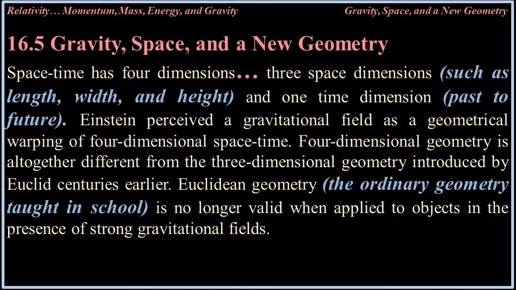16.5. Gravity, space, and a new geometry. Space-time has 4 dimensions: 3 space dimensions, such as length, width, and height, and 1 time dimension, past to future. Einstein perceived a gravitational field as a geometric warping of 4-dimensional space-time. 4-dimensional geometry is altogether different from the 3-dimensional geometry introduced by Euclid centuries earlier.